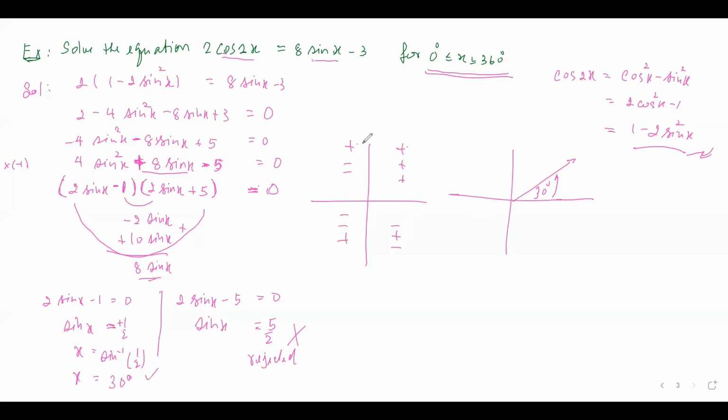Okay, that we got here. Then rotate to quadrant 2. So rotate up to here, correct? So come here, this is the x, right? And then this angle here is the same, right? So this one is what? Actually, this one is 30. So that means it is going to be 180 degrees minus 30 degrees.